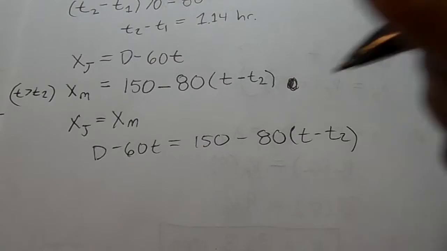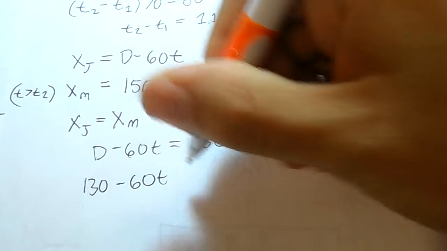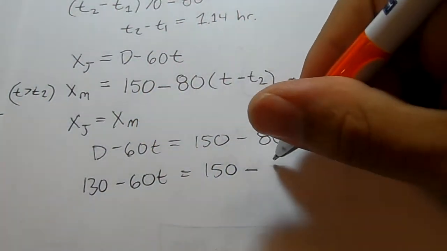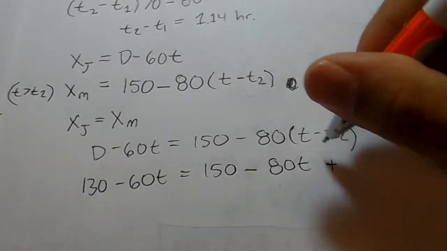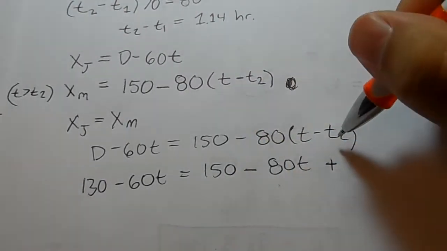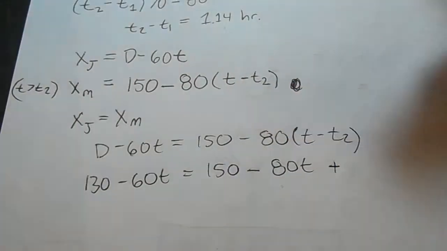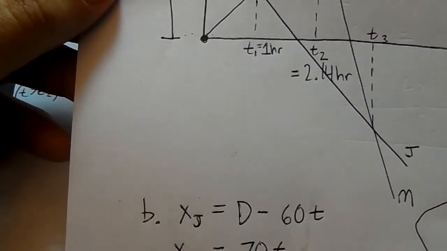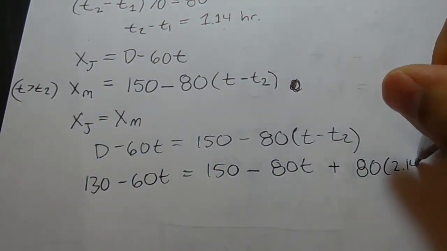Okay, I'm going to plug in the numbers that I know, those being 130 for the distance, minus 60t equals 150 minus, I can distribute, this is 80t minus, sorry, this is a plus because I've distributed this minus sign and this minus sign cancels. Anyway, 80 times T2, which I found earlier, you recall, I've labeled it here in my drawing, T2 equals 2.14 hours. So 80 times 2.14.